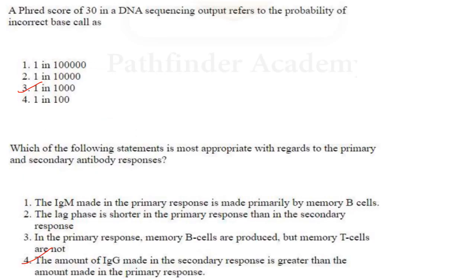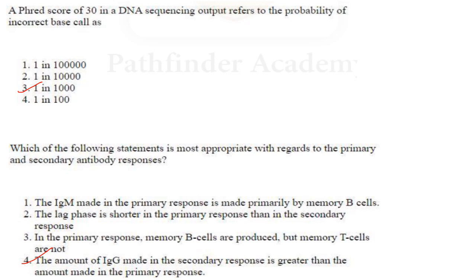Then, a Phred score of 30 in a DNA sequencing output refers to the probability of incorrect base call as 1 in 1000. Phred quality score is used to assess the accuracy of sequencing platforms, and it indicates the probability that a given base is called incorrectly by the sequencer.